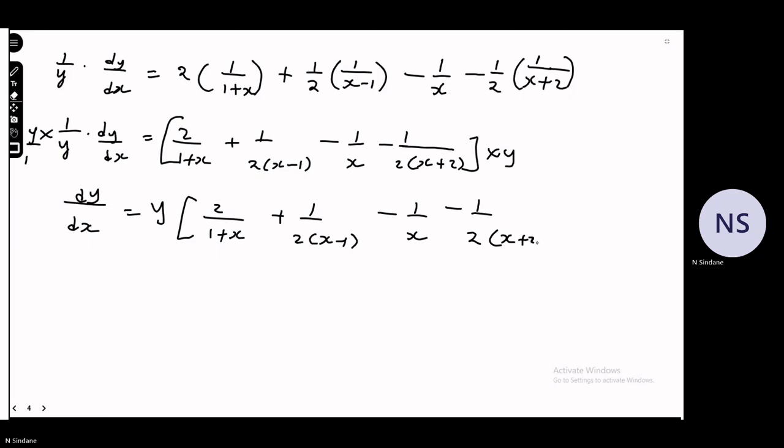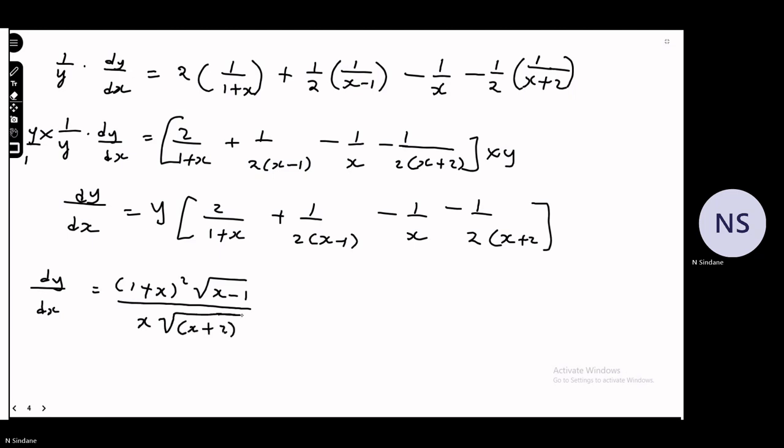But I know what is this y. I'm going to substitute that y, the original function that I was given, which is, in this case, 1 plus x squared square root x minus 1 divide x square root x plus 2 into 2 over 1 plus x plus 1 over 2 into x minus 1 minus 1 over x minus 1 over 2 into x plus 2.